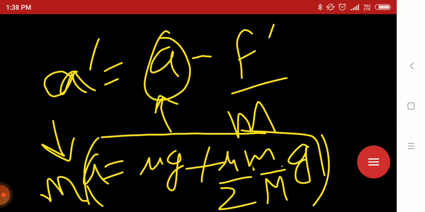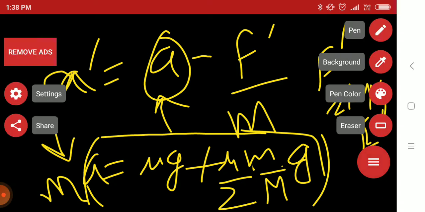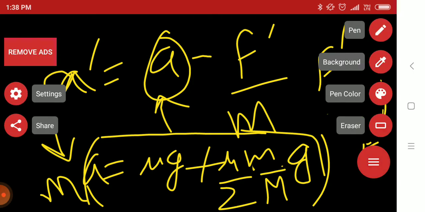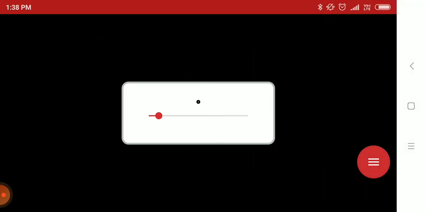So put this acceleration value here, and F prime equals mu by 2 mg, because here the frictional coefficient is mu by 2. So for F prime equals mu by 2 mg, put this A value here.